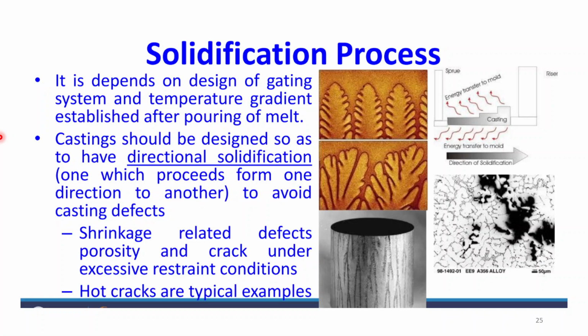These can be avoided if there is directional solidification. And these are the dendritic type of structures that you will study in further subjects. I think here we won't be studying dendritic structure. And this is how your energy transfer occurs. For example, if it is a sand cast, then the sand will be transferring your heat.